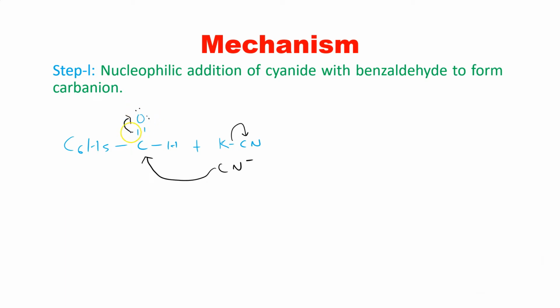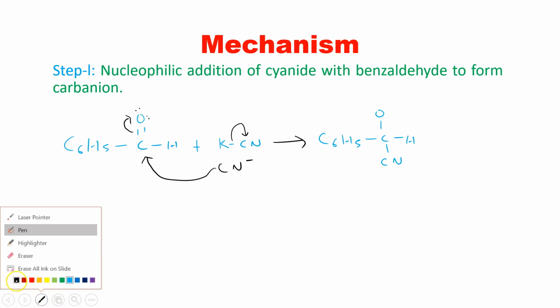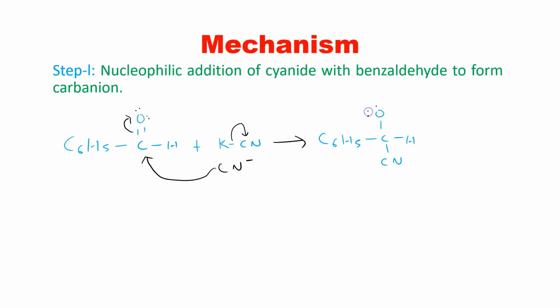Here there are 2 lone pairs of electrons on oxygen. Now as the electron pair has shifted onto oxygen, it becomes 3 lone pairs of electrons. Now further, the structure forms a carbanion by shifting of a proton onto oxygen. This oxygen is now negatively charged, and it has a cyanide and a proton.